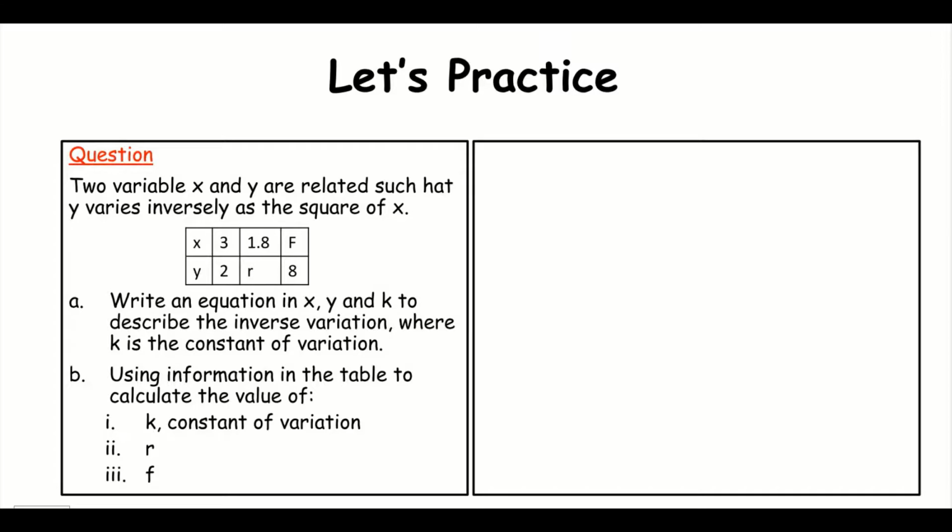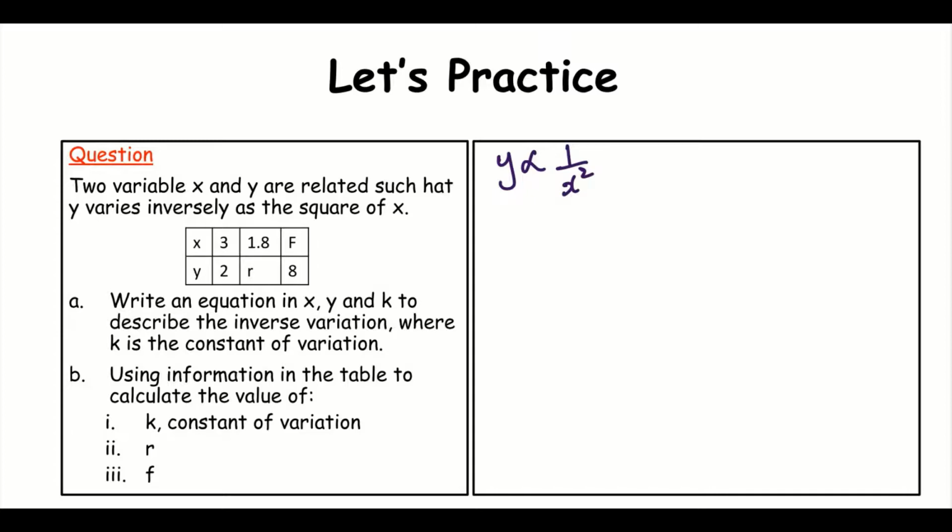Alright, our next practice question. Two variables x and y are related such that y varies inversely as the square of x. So y varies inversely as the square of x. We have a small table here: x is 3, y is 2; x is 1.8, y is r; and x is f, y is 8.